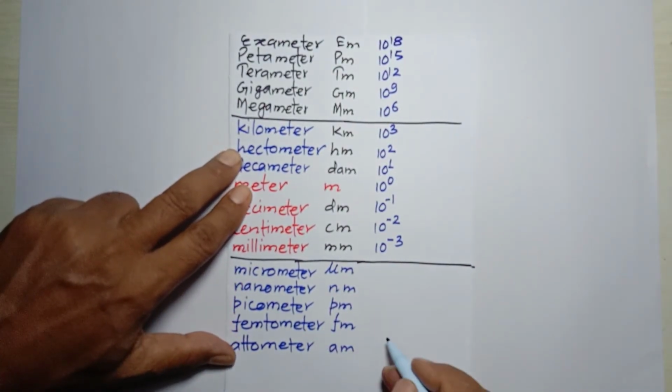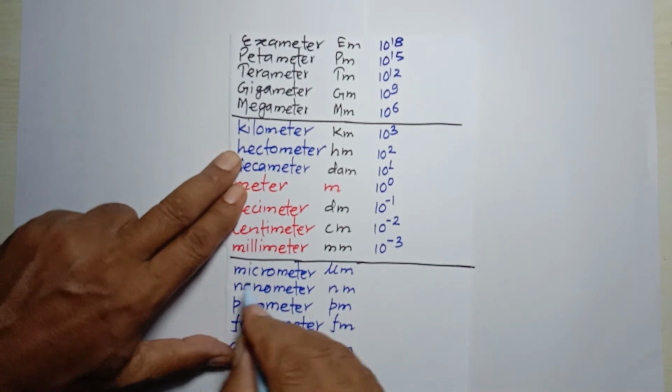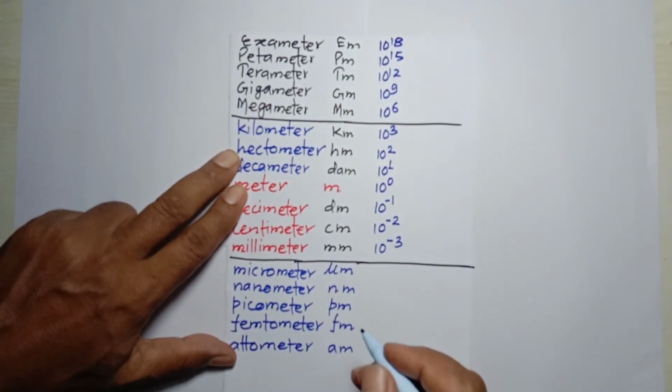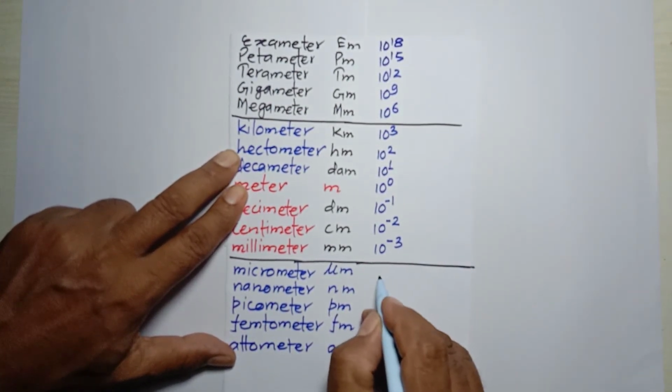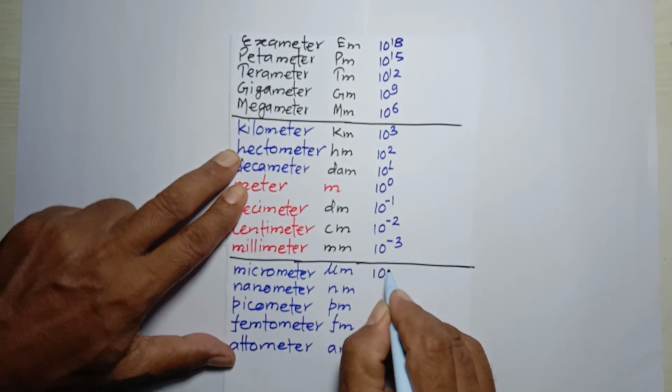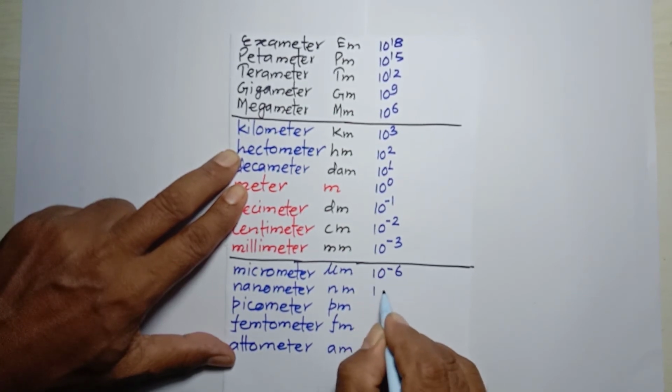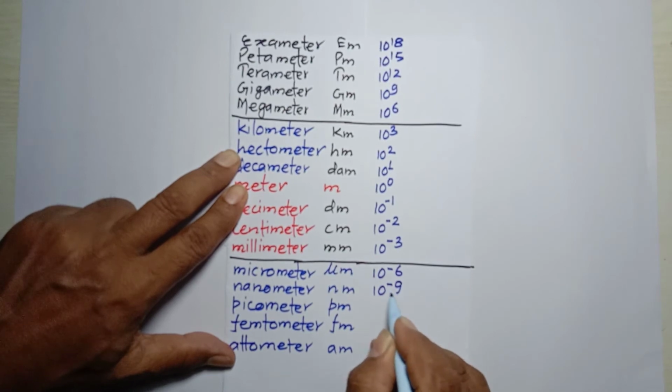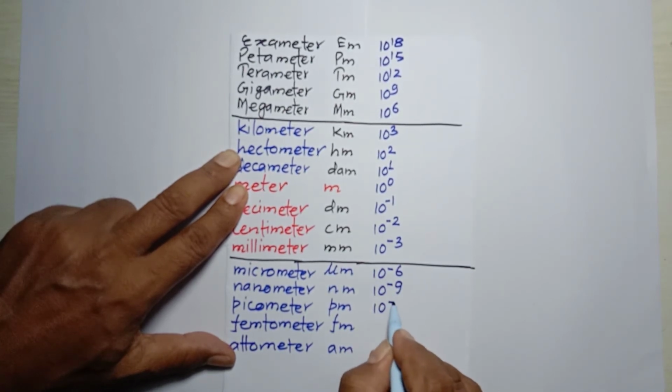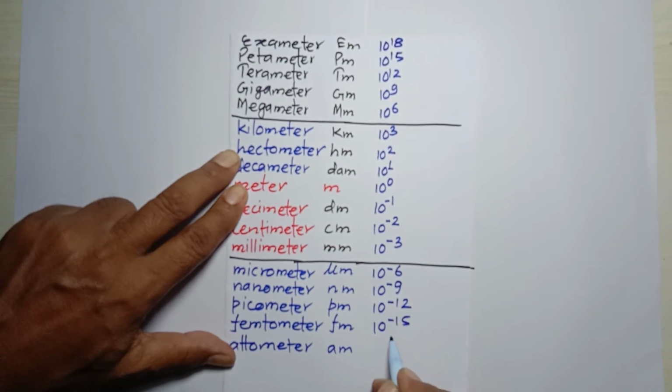On the downward side also, the relation goes down with multiples of 1000. This is 10 to the power minus 6, now 10 to the power minus 9, and 10 to the power minus 12, and 10 to the power minus 15, and lastly 10 to the power minus 18.